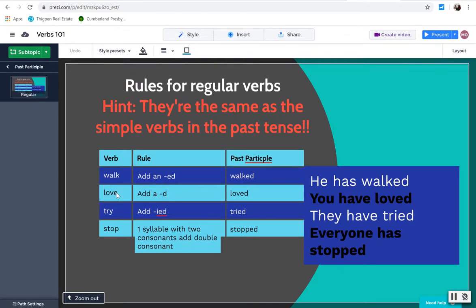Or if it already has an e at the end, just adding a d, like love would turn to loved. A couple of spelling tricks: when we have a y, it turns to ied, such as try goes to tried. And when you have one syllable with two consonants, you add a double consonant to keep the vowel sound soft. So stop would go to stopped with two p's.